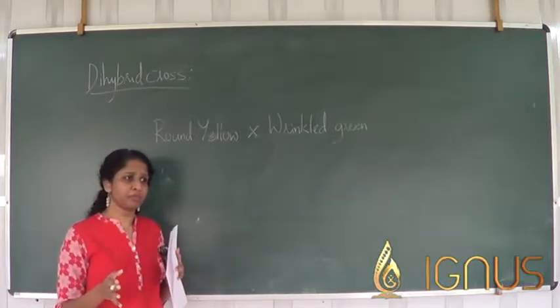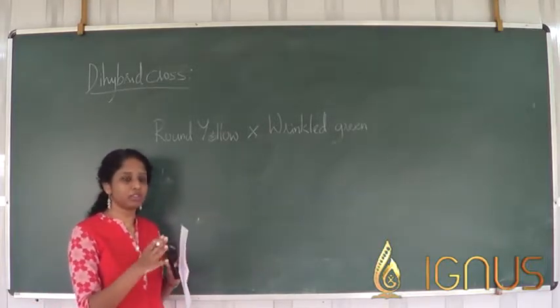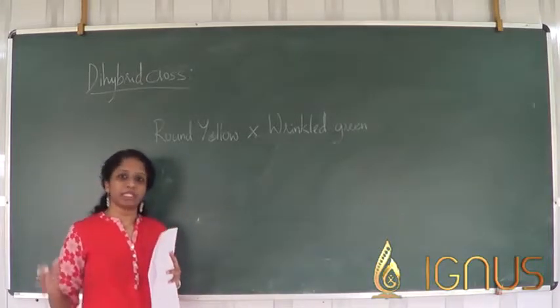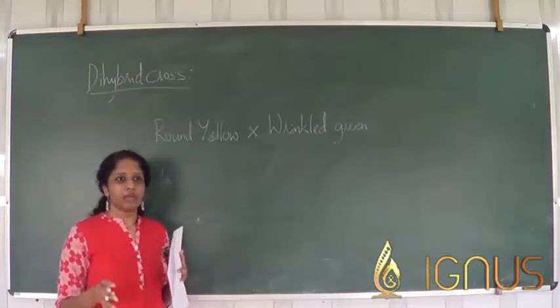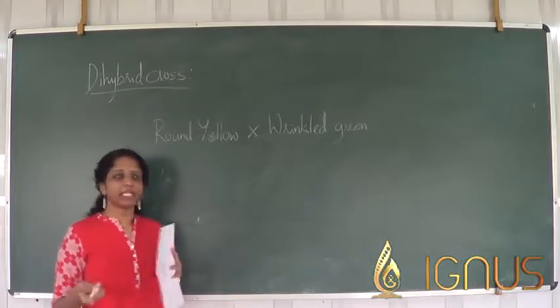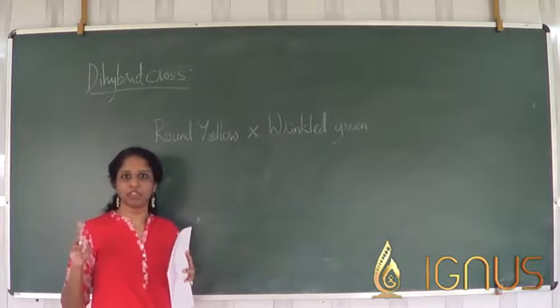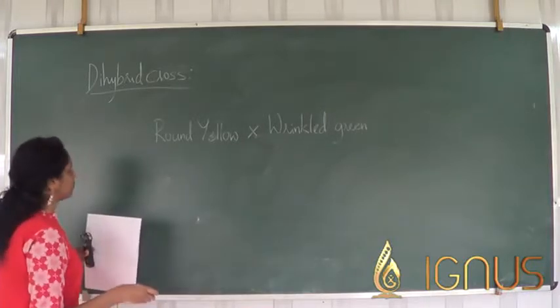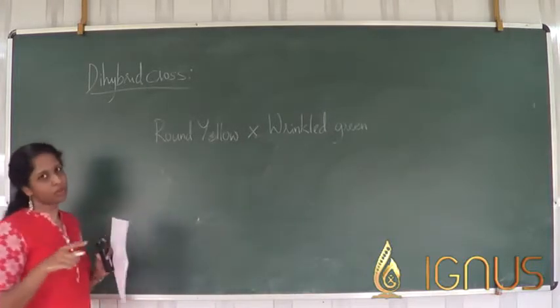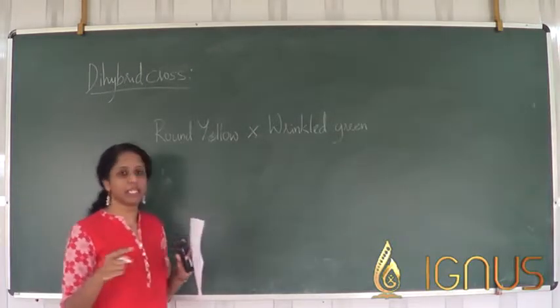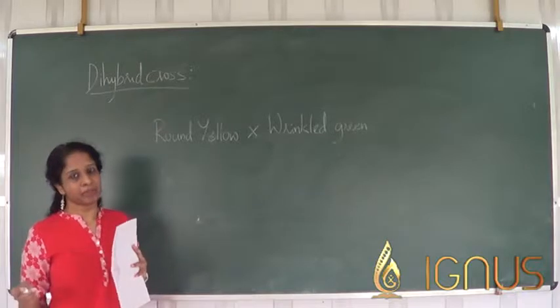The monohybrid cross, for example, was taking a pure breeding tall plant, crossing it with a pure breeding dwarf plant. Now with dihybrid cross, you would do the same thing, but like the name suggests, you are taking two phenotypes and not just one. So in this case, you would be taking round and yellow seed producing plant and cross it with a wrinkled and green seed producing plant.